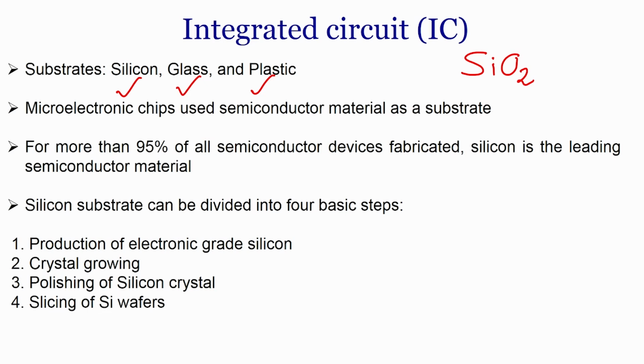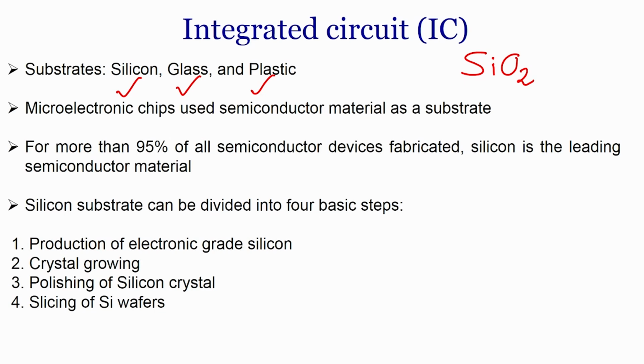Now we will be looking at silicon in general, because most of the microchips or microelectronic chips use semiconductor materials as a substrate, and the most widely used semiconductor material is silicon.